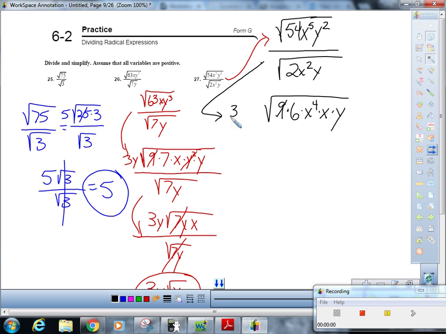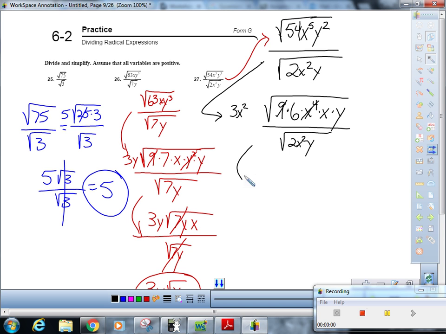Square root of 6, well, I don't know what that is, so we're going to leave it. Square root of x to the fourth. What number times itself, or what thing times itself is x to the fourth? X squared. Okay, and that's it. On the bottom, there's nothing we can do to simplify it. We have the square root of 2x squared y.